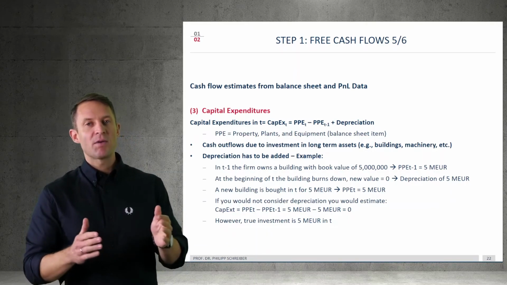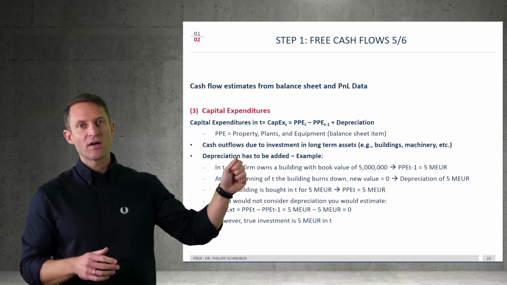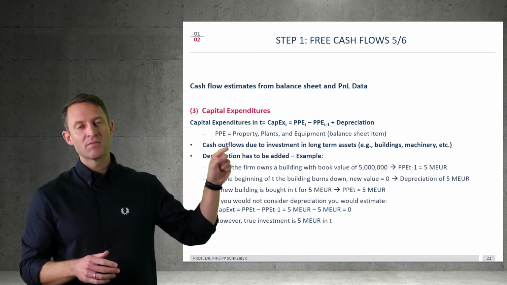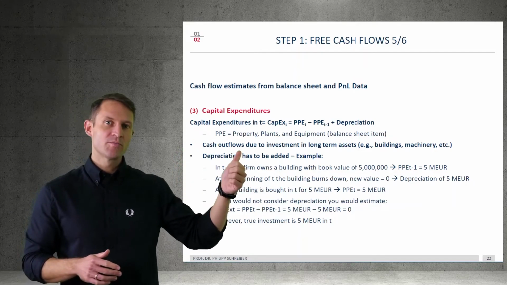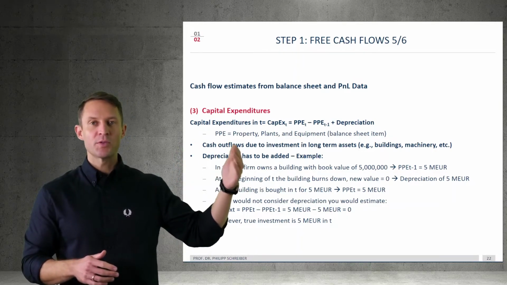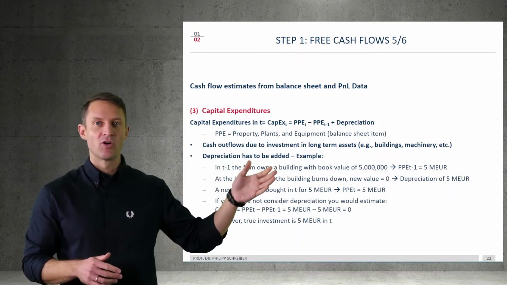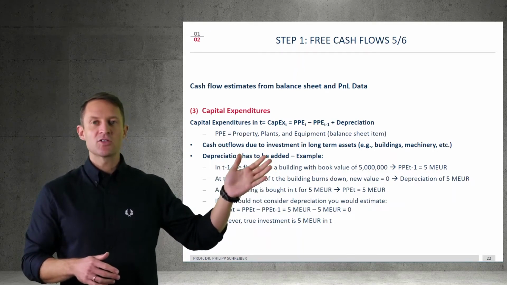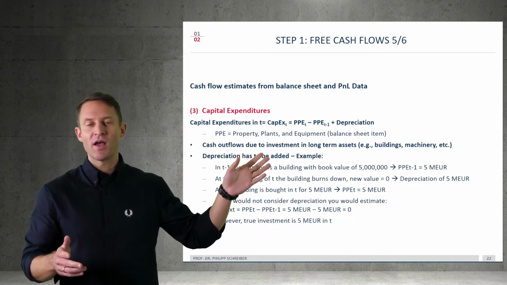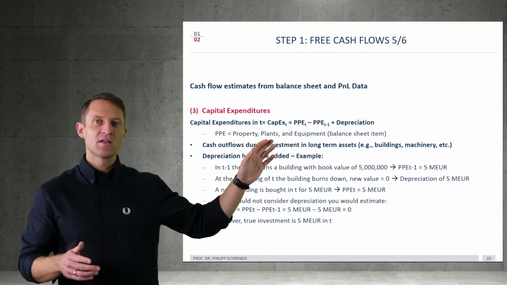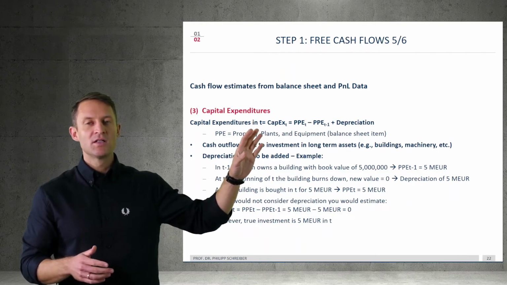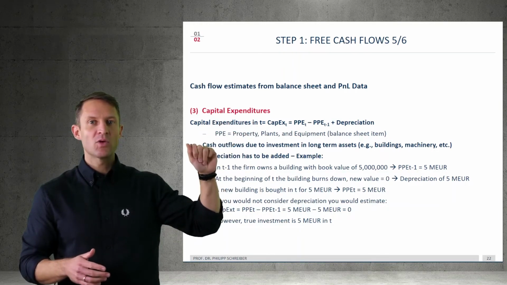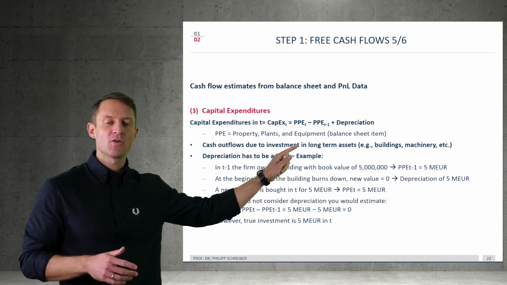You just take the balance sheet and look up the line item property, plant and equipment in year 1, and compare it to property, plant and equipment in year 0. Then you have the change. That's the first idea we could have. So let's say production machines in year 0 are 1 million, in year 1, 2 million. Then we know, aha, they spent 1 million on production machines.